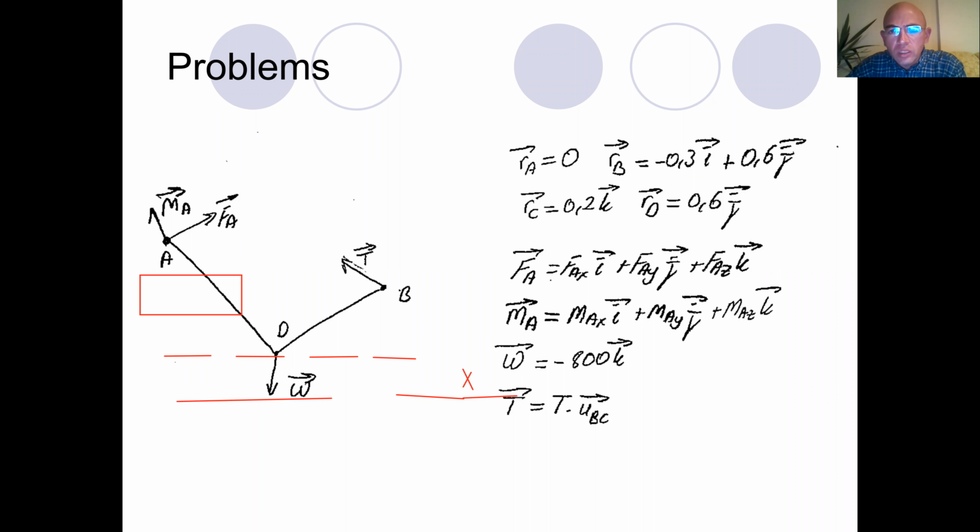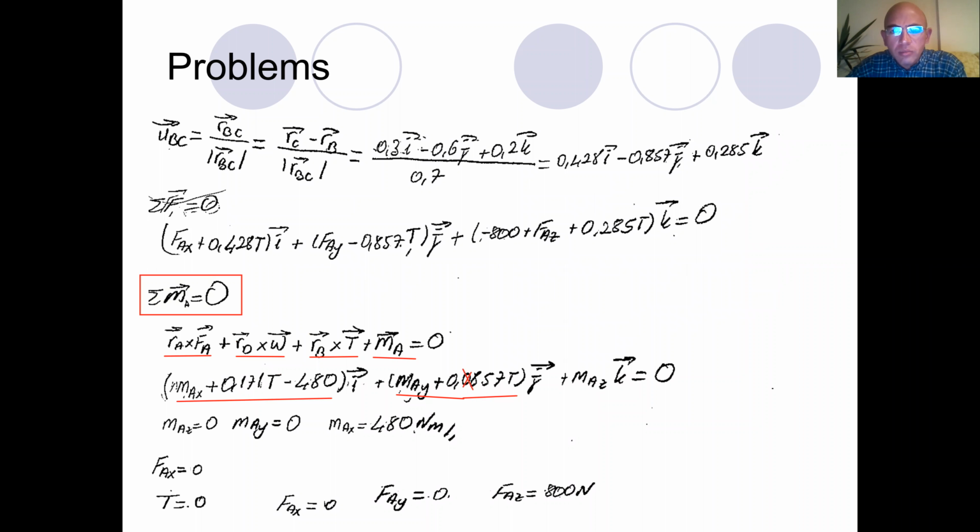I to K will give the J component, 0.3 multiplied by 0.